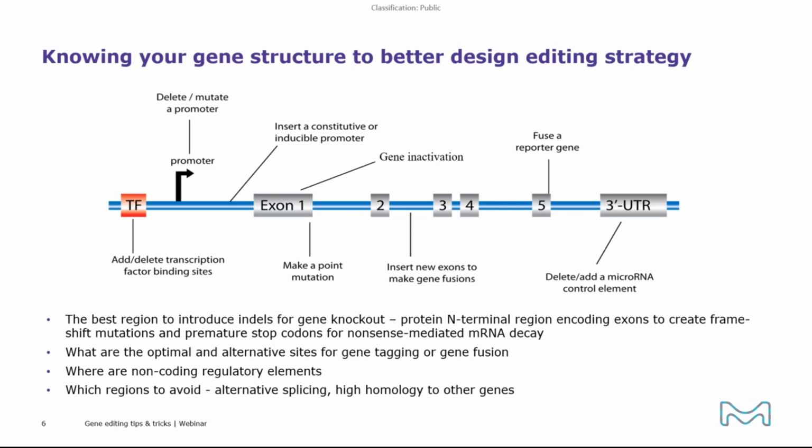The conventional approach for gene knockout is to introduce indels in one of the early exons that encodes the protein N-terminal region to create frameshift mutations and premature stop codons. And this will lead to nonsense mRNA decay. And for more complex gene modifications, a good knowledge of the gene structure will certainly be very useful.